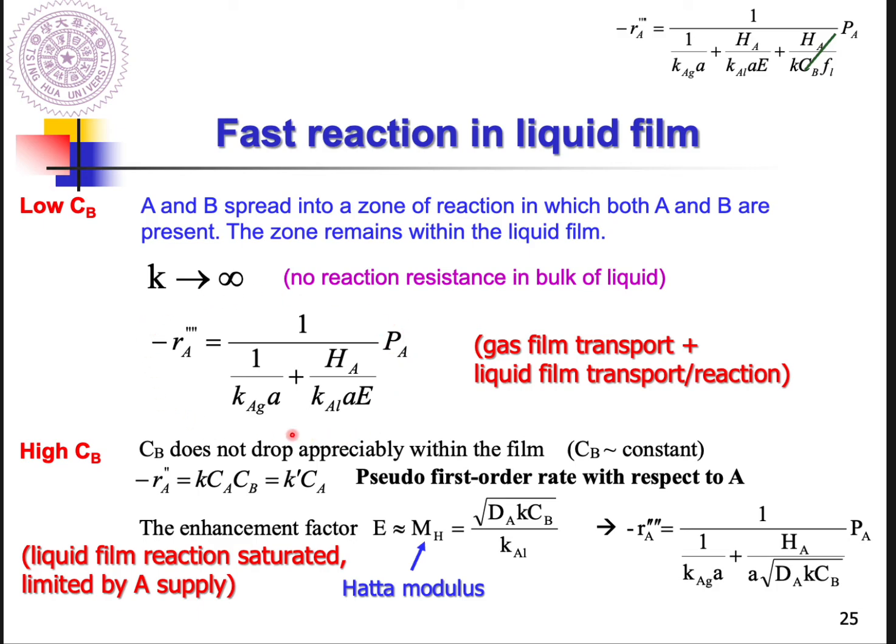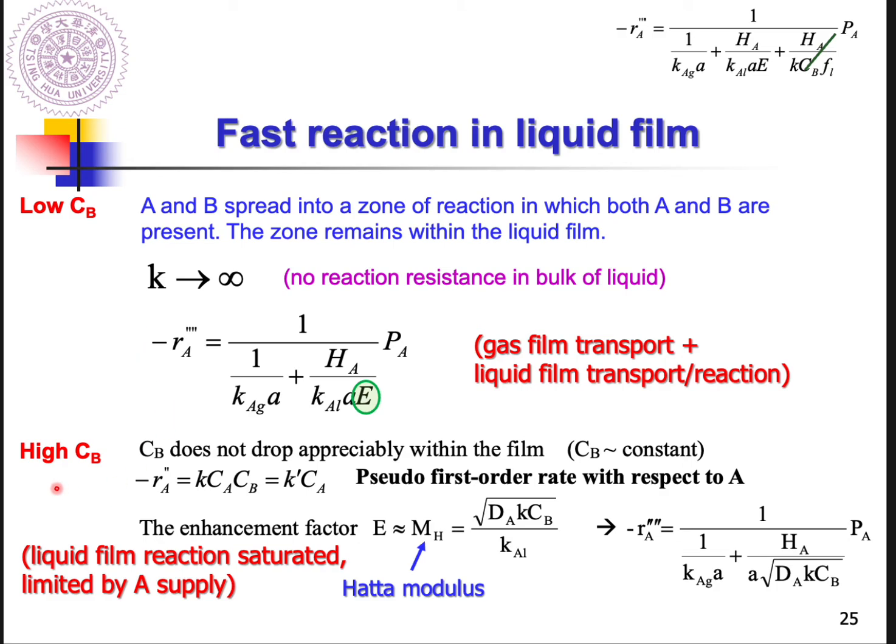So we can successfully get the consumption rate per reaction volume, as long as we know the E. So the important part here is you need to define or obtain the E, then you can get the RA for pro. This is for the low CB case.